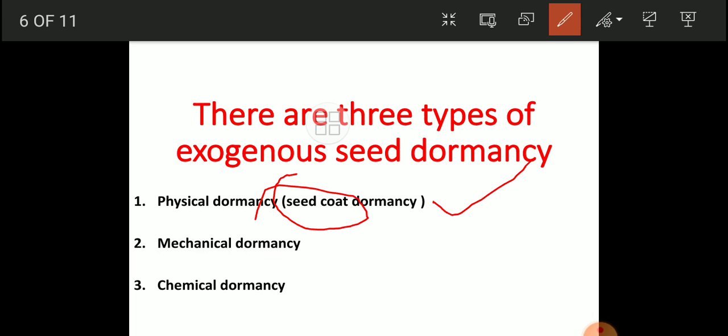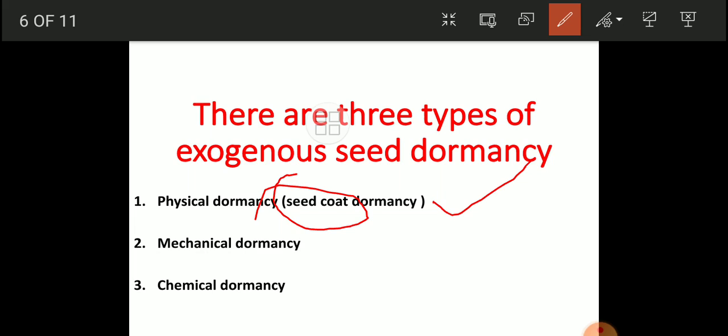Suppose, my friends, I give you a groundnut pod and ask you to sow it as it is. What happens? The seed coat prevents the entry of water up to the embryo. Imbibition is not there, gas exchange is not there, and leaching out of inhibitors is not there because of the hard seed coat of that groundnut, so it will not germinate.